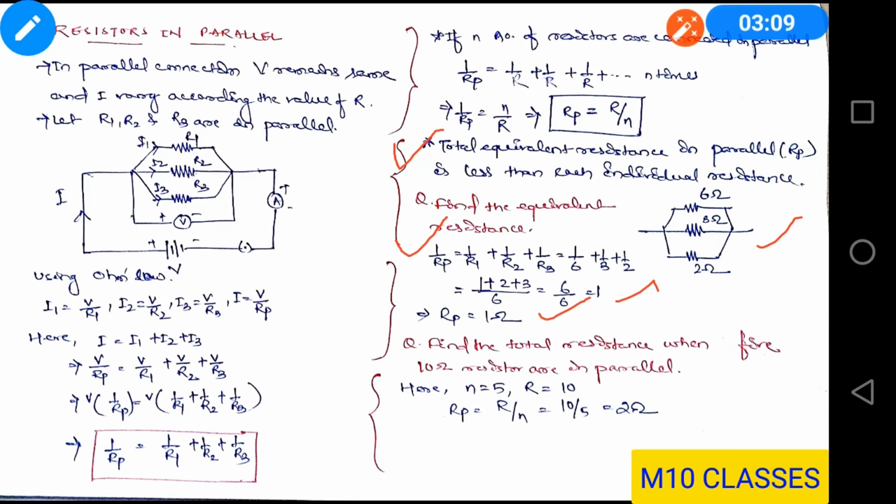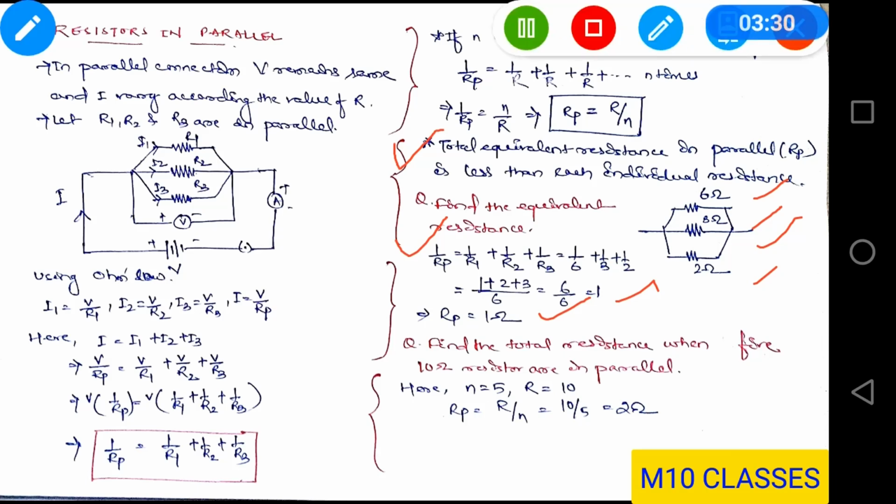Now let us compare. This 1 ohm is less than 6 ohm, 3 ohm as well as 2 ohm. That means the total equivalent resistance in parallel is less than each individual resistance, and that is why in case of parallel connection the total resistance decreases. Now this is very important to remember.